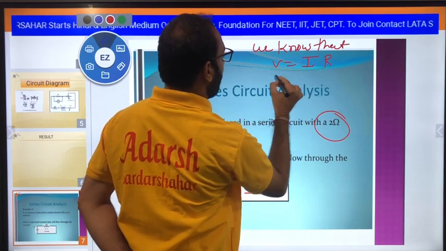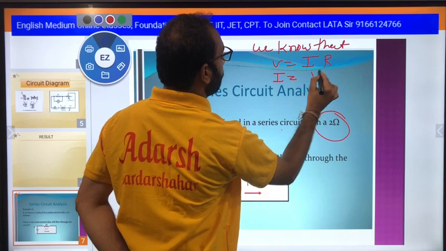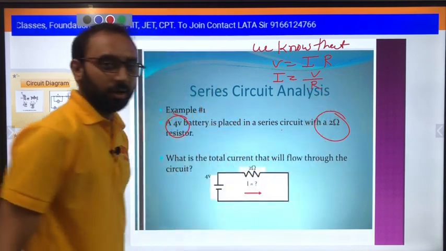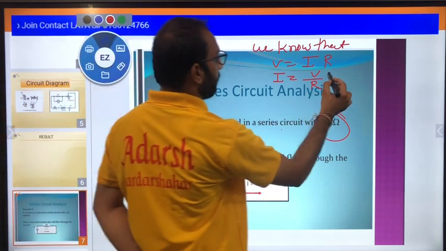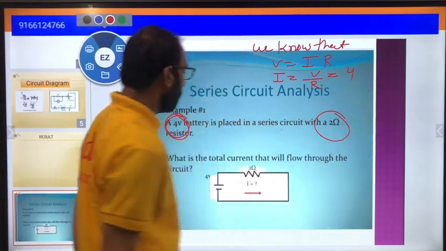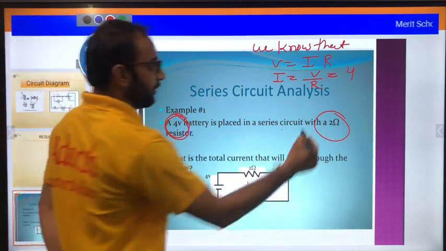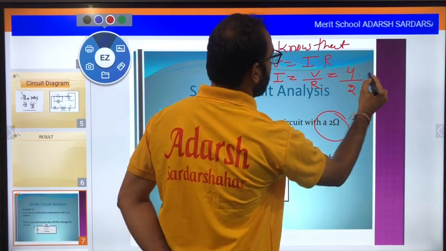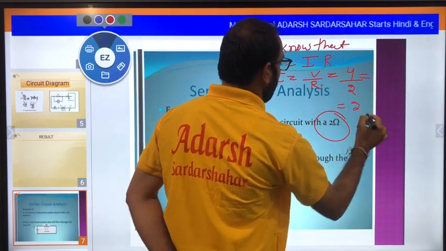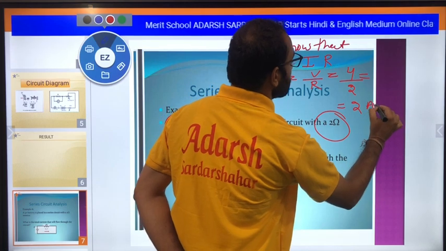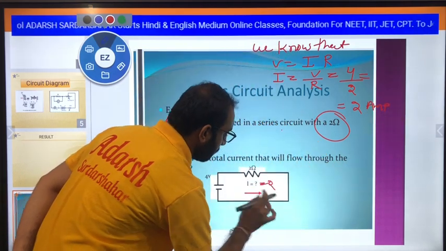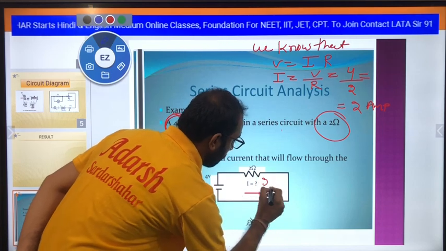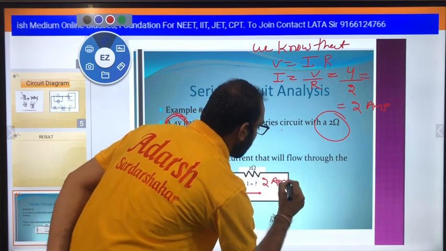To find I, I is equal to V upon R. The value of potential is 4 volt, and the value of R is 2. Cancel out, then the answer is 2. The unit is ampere. So 2 ampere current flows in this circuit.